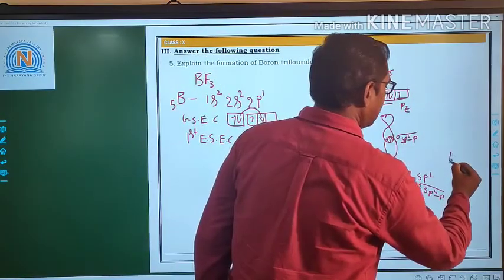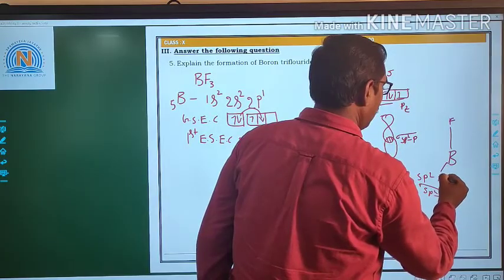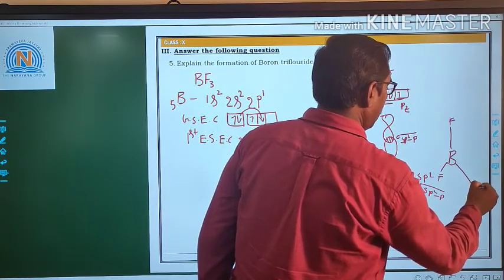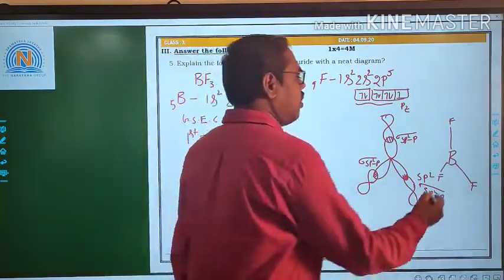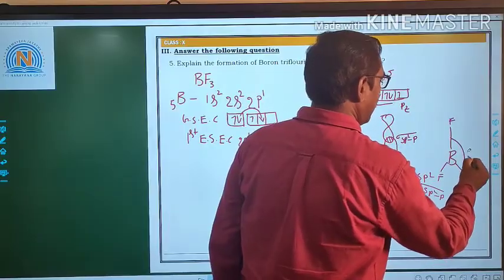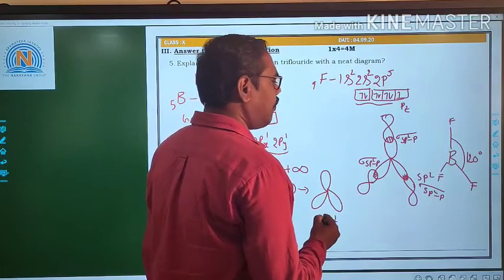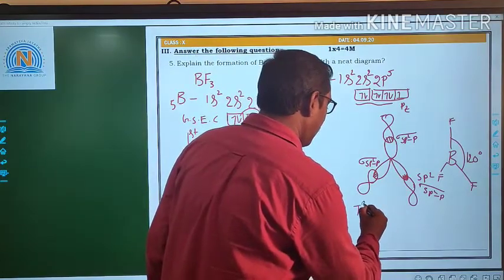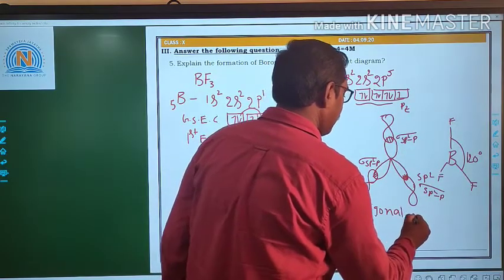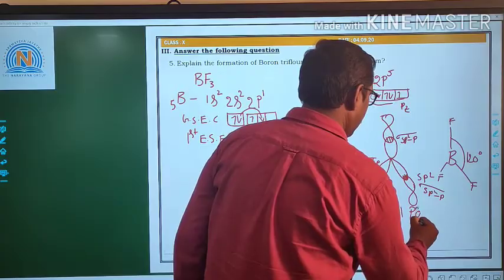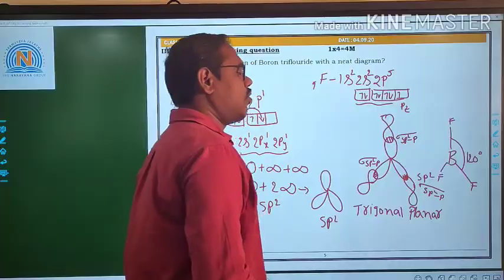Simply we can draw like this: boron, fluorine, fluorine, fluorine. According to VSEPR theory, around the central atom, 3 bond pairs are present without any lone pair. They must be separated by 120 degrees bond angle. And shape is trigonal planar, and bond angle is 120 degrees.